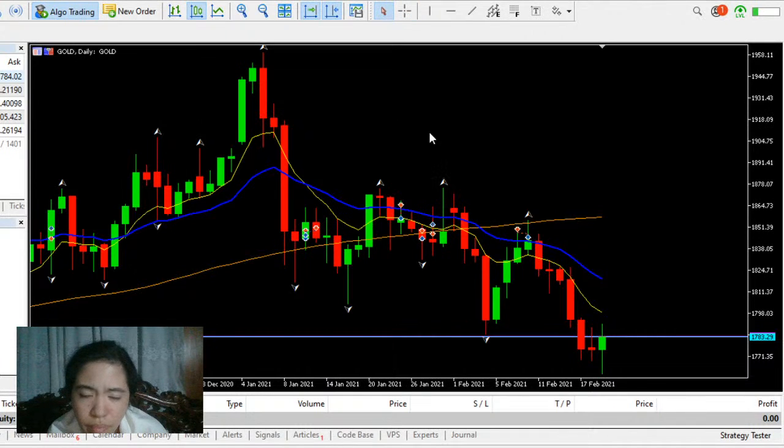Also, if you can see this fractal, that's also where the price is slowing down in its downward movement. It's clustering in this price. It's not moving downward further.